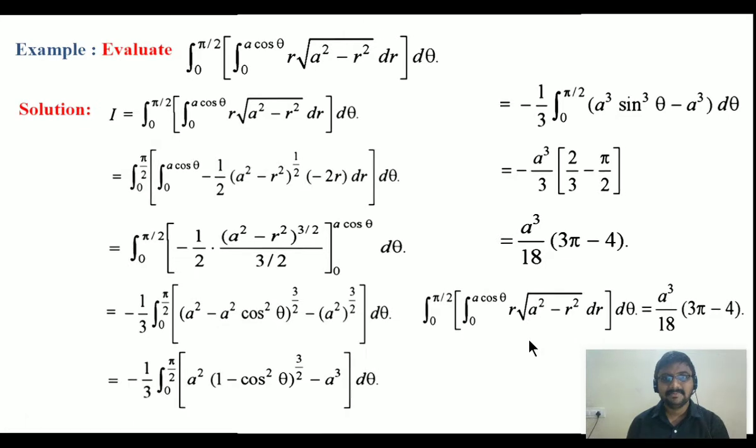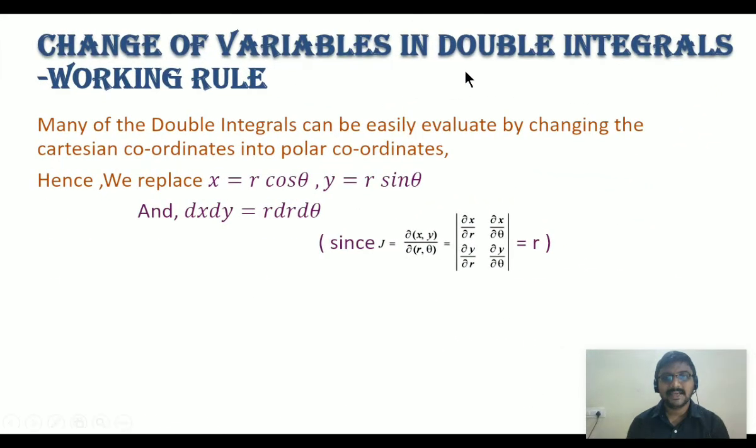Next concept, change of variables in double integrals, working rule. Many of the double integrals can be easily evaluated by changing Cartesian coordinates into polar coordinates. To evaluate double integrals in Cartesian coordinates, it can be easily done by change of variables.